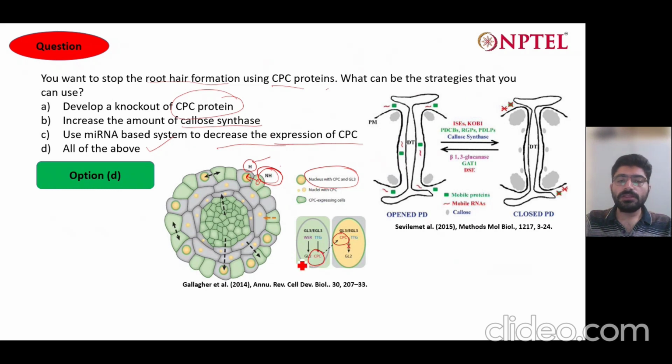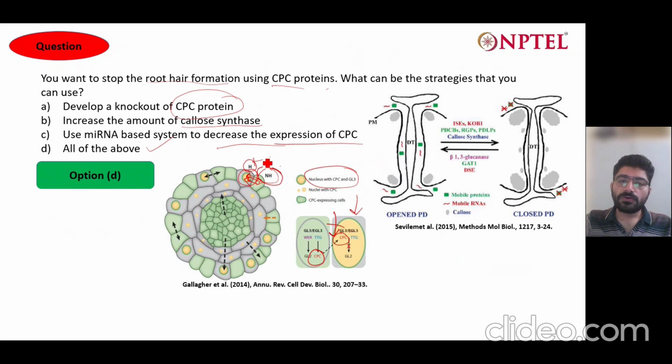So if we have to stop root hair synthesis, then we can develop a knockout of the CPC protein, or we can increase the amount of callose synthesis that will decrease the movement between these two cells. So that will not allow the CPC protein to move to this cell and it will not function in the formation of root hairs. Or like we have discussed, the miRNA system can help decrease the expression of a particular mRNA or protein.